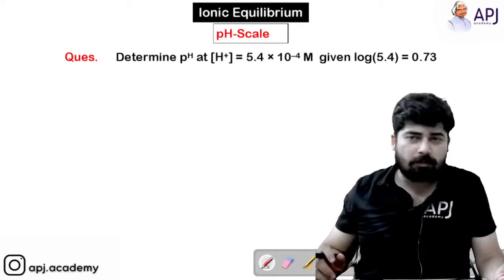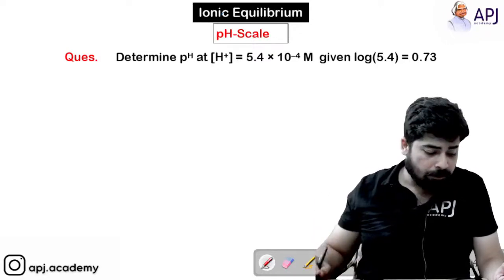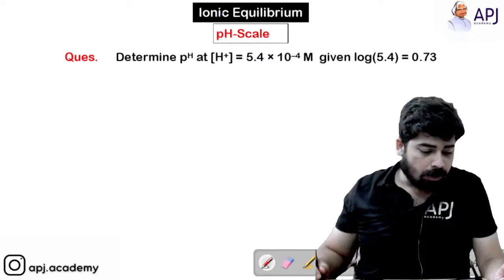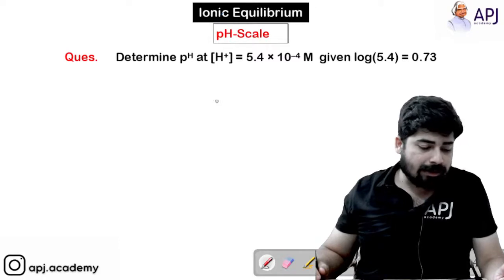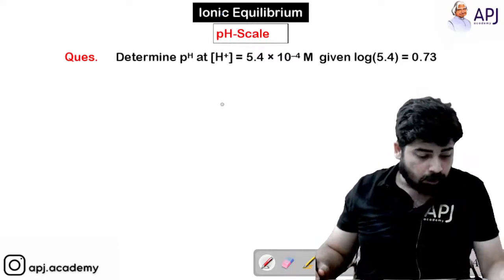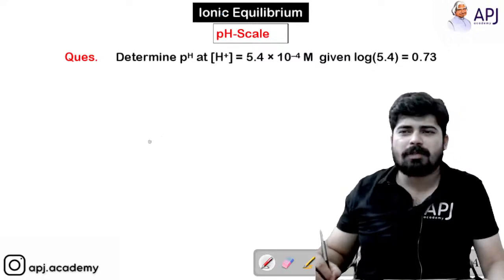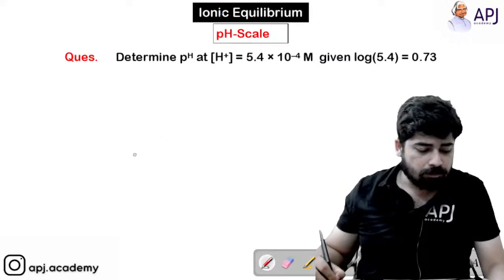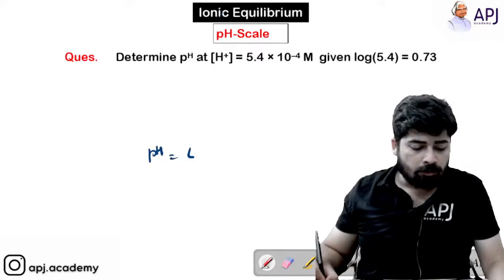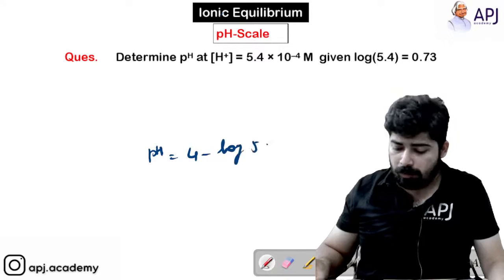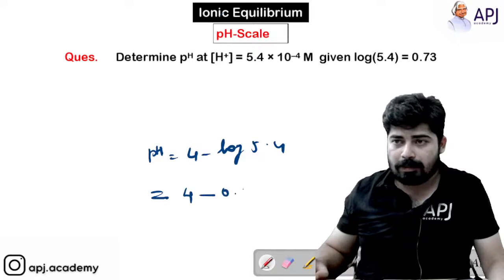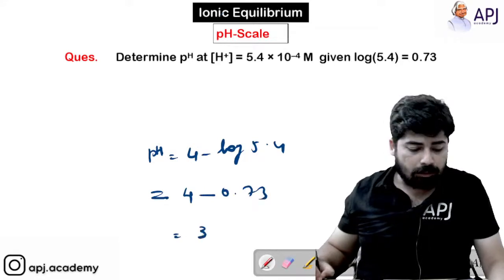The pH value will be 4 minus log 5.4, so 4 minus 0.73, that is 3.27. That will be the answer for this question.